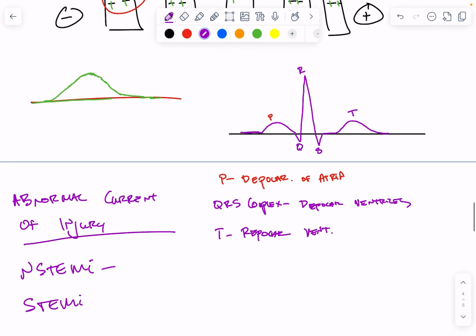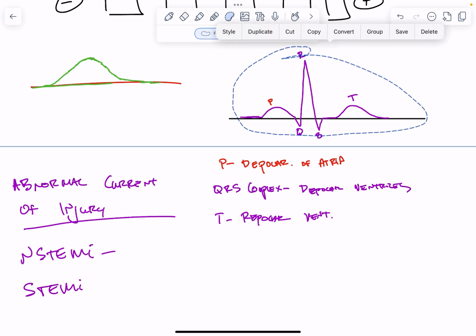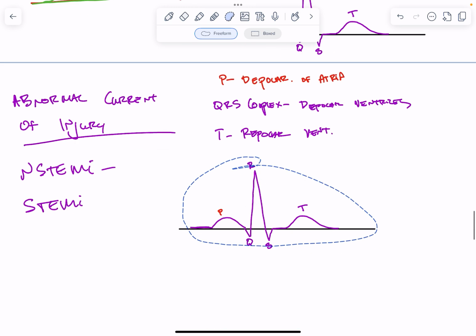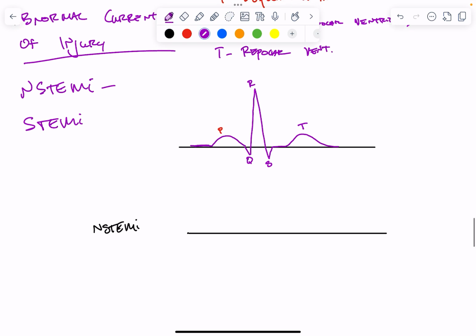Compared to the normal one, let's say this is a normal one. What you're going to see on an NSTEMI is something that looks a little bit like this. You're going to have a normal P wave, normal Q wave, normal R wave.